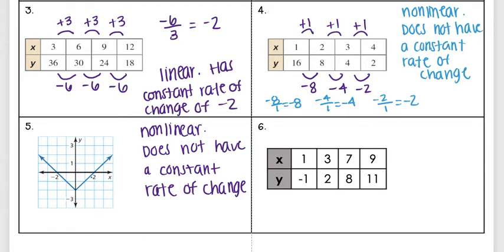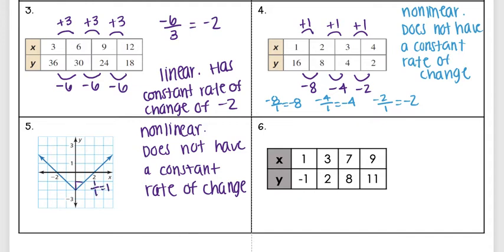Now number 5 was a little bit tricky because I do have a straight line right here and a straight line going out that way, but this one's still going to be nonlinear, because it doesn't have a constant rate of change. And the reason why it doesn't, even though it may kind of seem like it at first: if I'm going with the one going to the right, I go up 1 over 1, so this one's going to have a constant rate of change of 1 over 1, which equals 1.